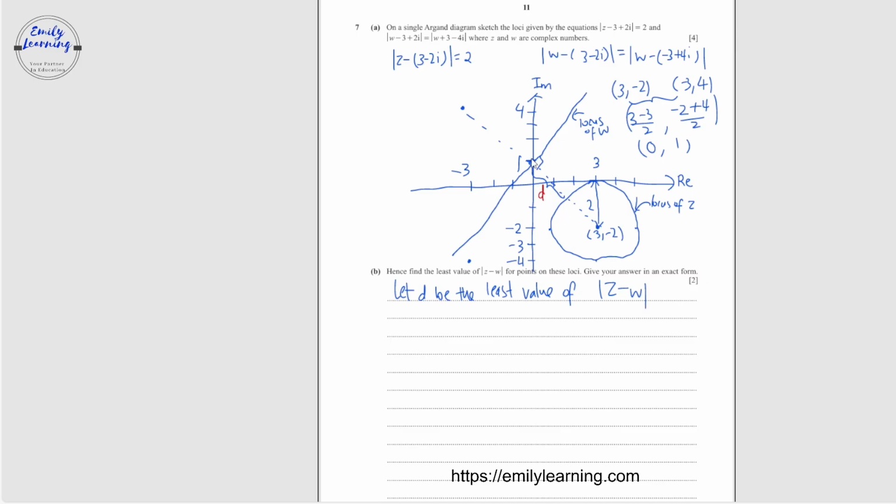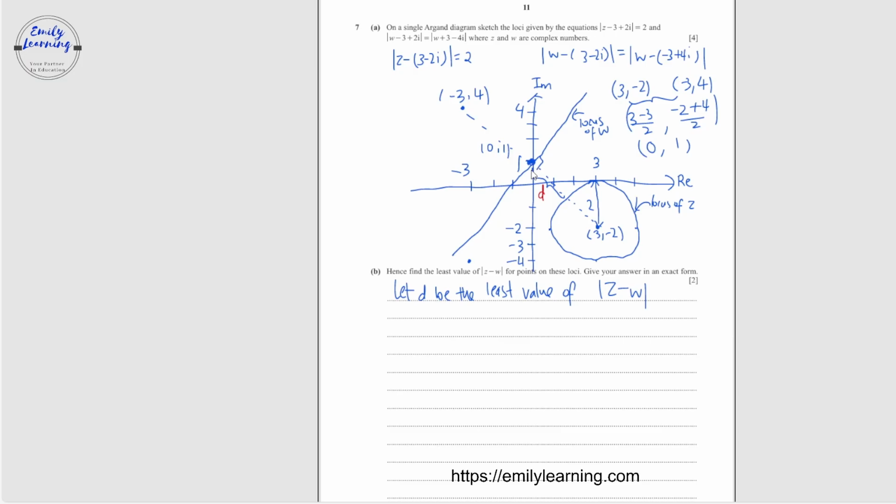Well, I know this point here is 0, 1. I know this point here is 3, minus 2. And this line will definitely pass through the center because this is a straight line, right? Here is a straight line joining 3, minus 2 and minus 3, 4, right?